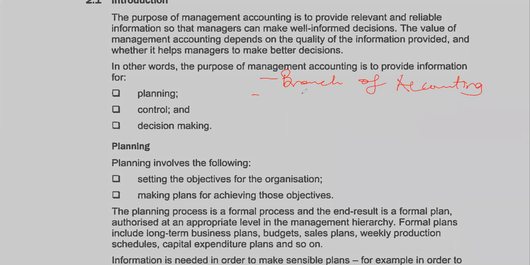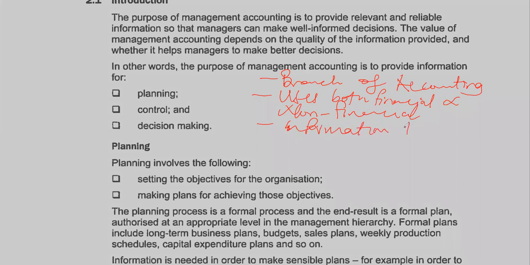Two, it uses both financial and non-financial information to help management in planning, controlling, and decision making.